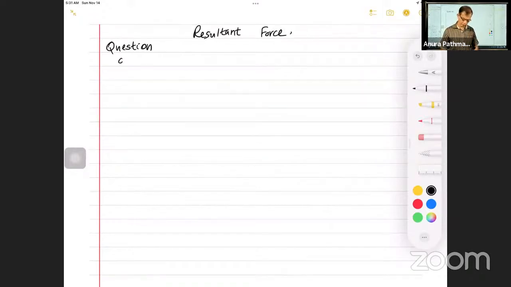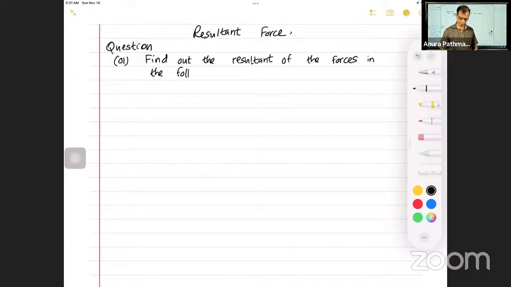Find out the resultant of the force in the following occasion.